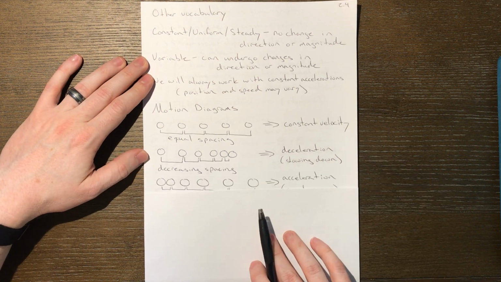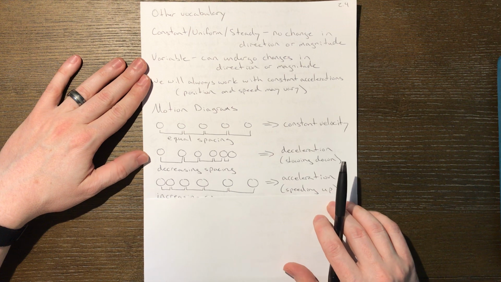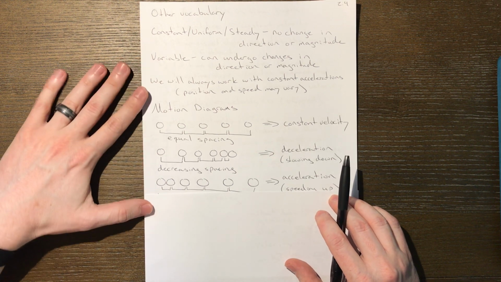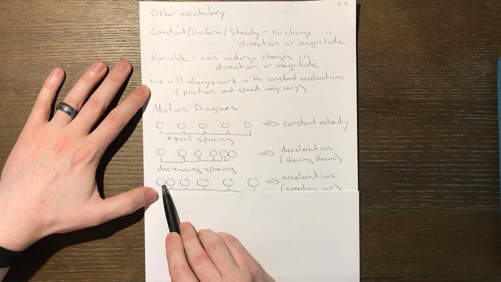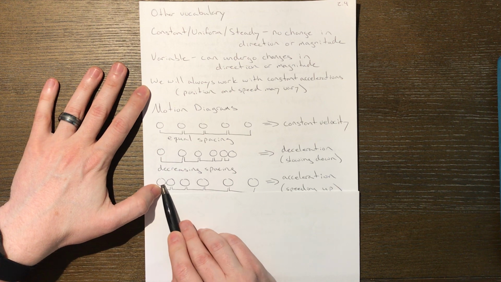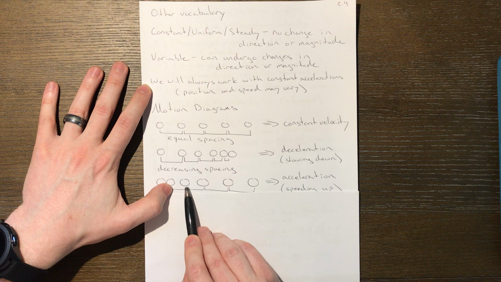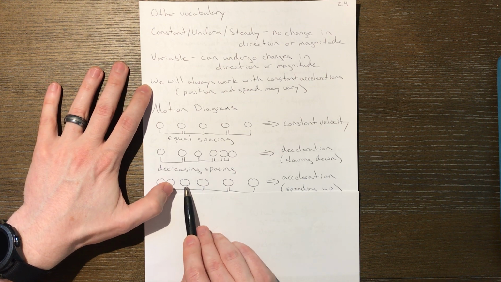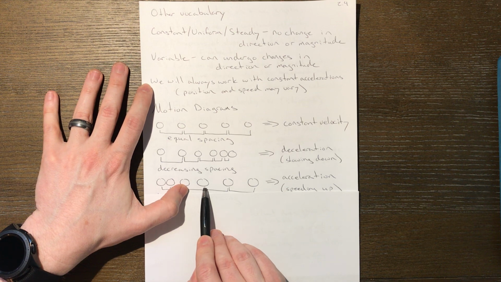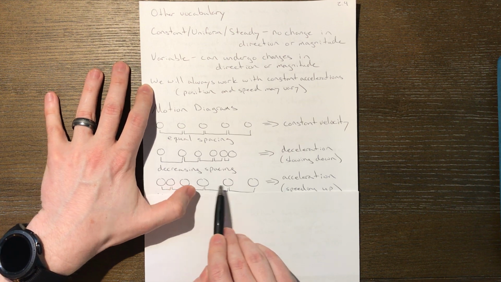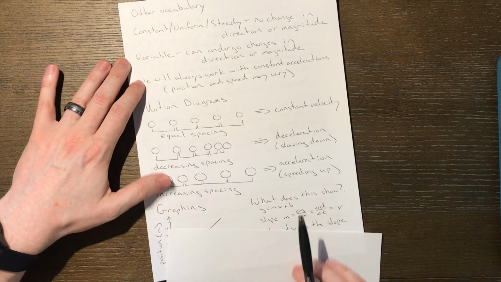And the flip side of that would be something speeding up. So I've tried to draw that here as well. We can see that this thing is moving not very far in this first timestamp, but then it makes up more ground in that timestamp. It goes further in the same amount of time, which means it must be going a little faster. And then it goes even farther in the next timestamp, and farther and farther.